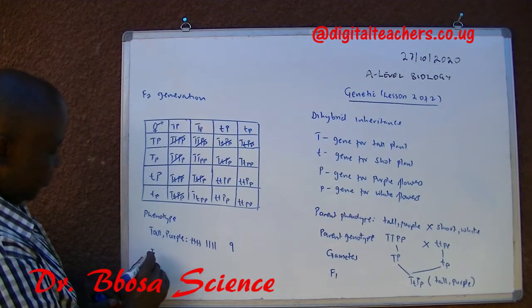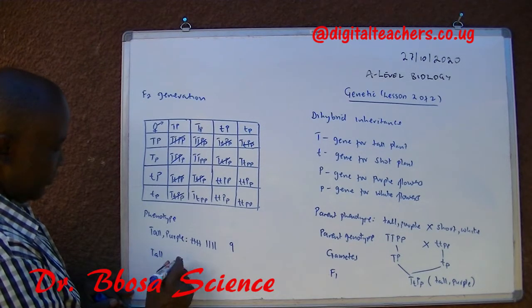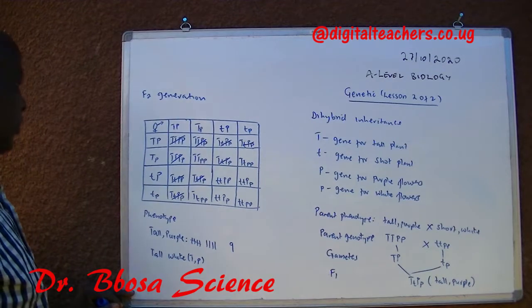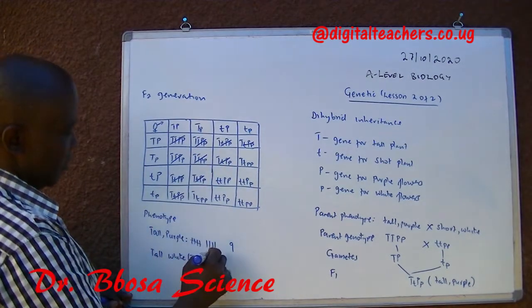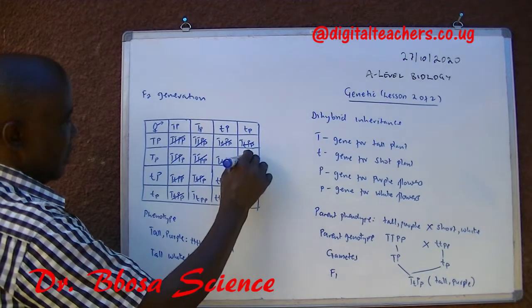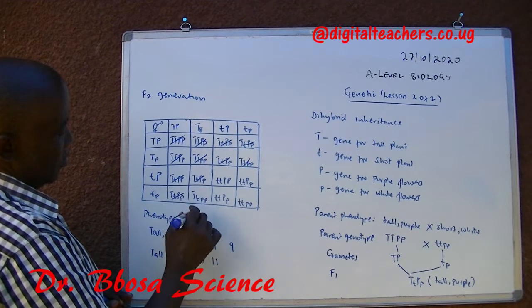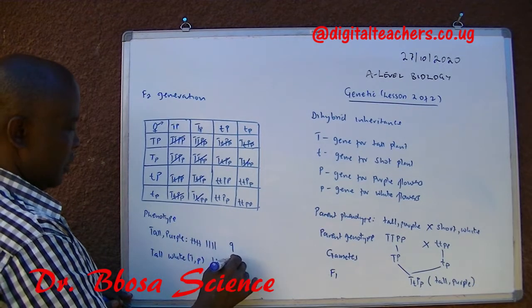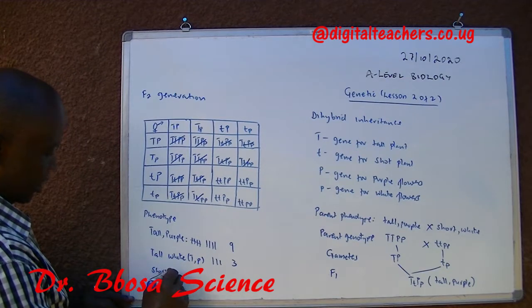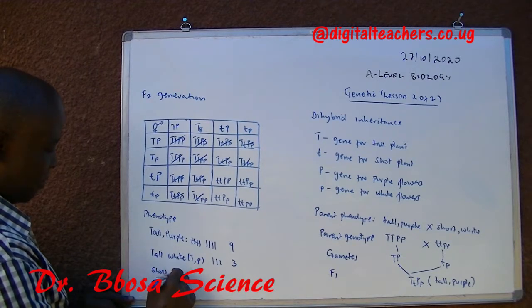Then tall, white, that is capital T, small p. We shall have 1, 2, 3. So we shall have 3 chances. Then short, purple.